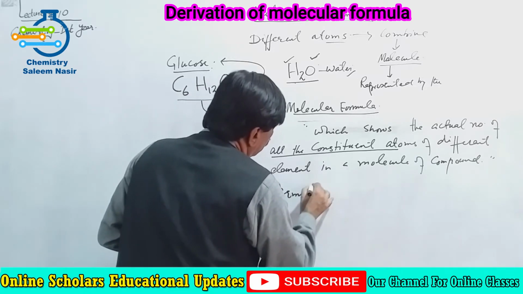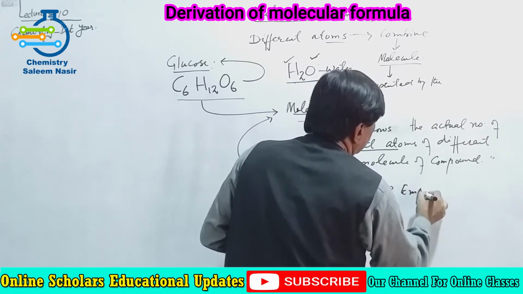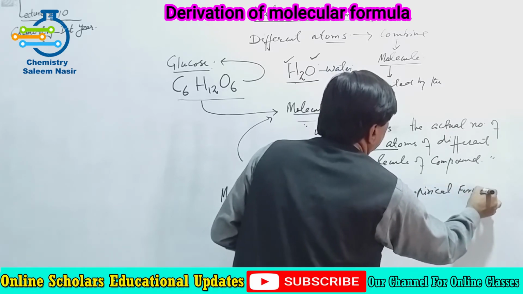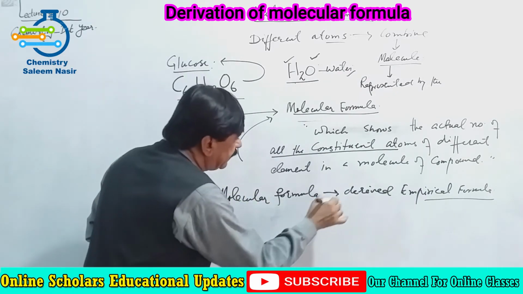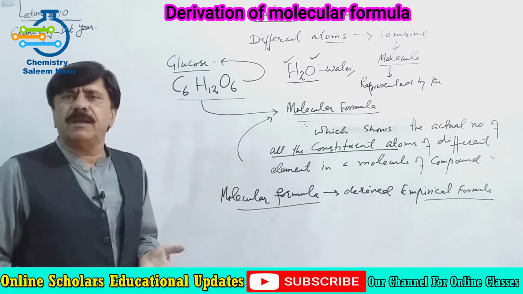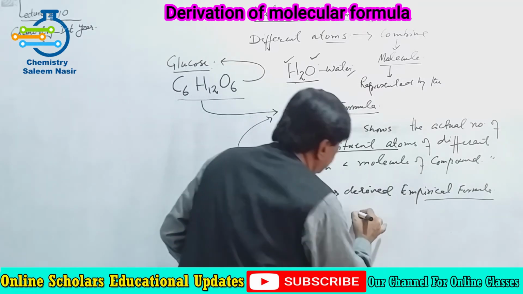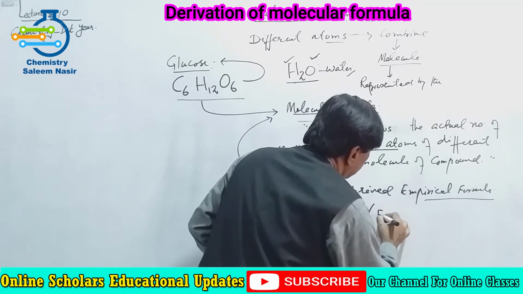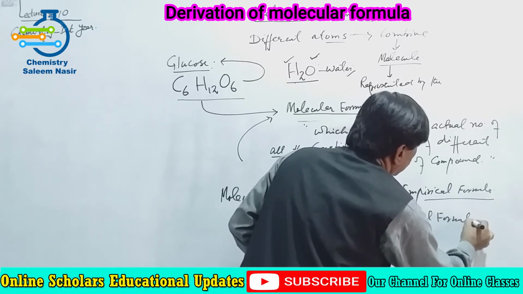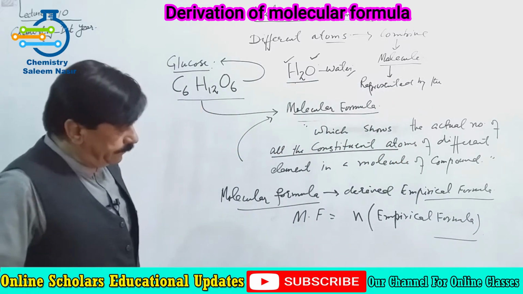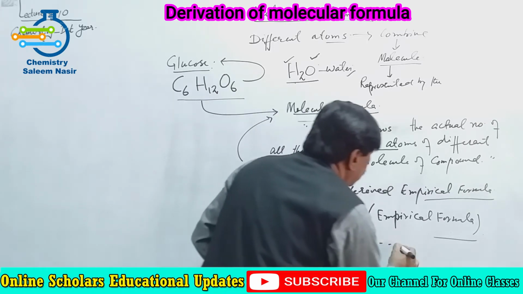The molecular formula is equal to n times the empirical formula, where n is a number, meaning 1, 2, 3 and so on.